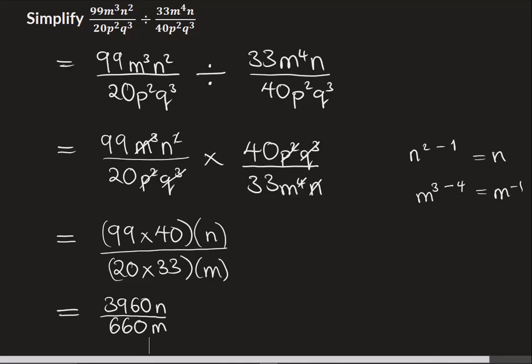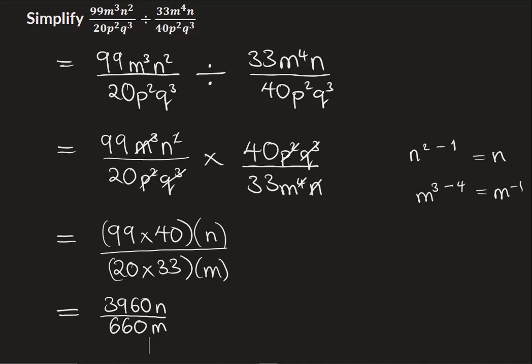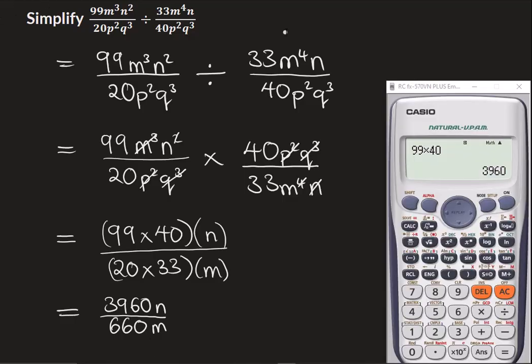You can simplify this using some hand calculations, but I'll show you how you can do it on a calculator. In case you don't trust yourself, you could have also done the 20 by 33. You can see it gives us the same answer. Now our job is finding 3960 over 660. Remember this pattern, and there we have it.